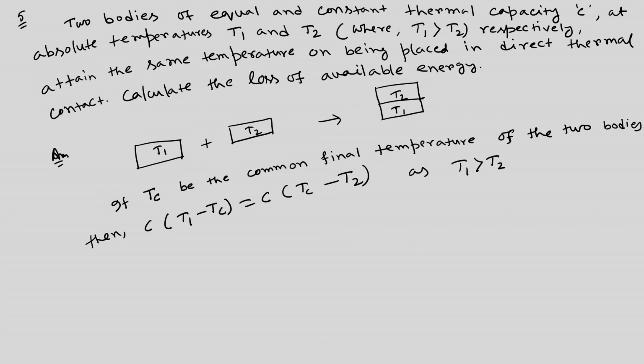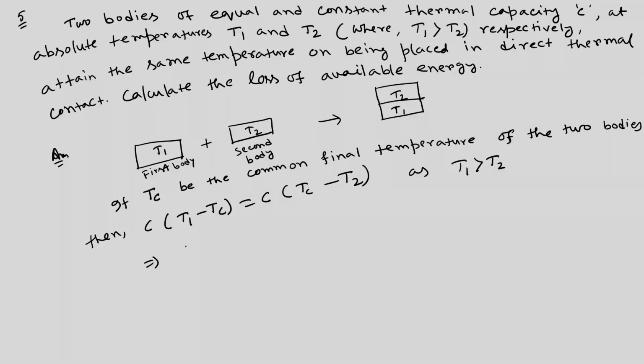This is the first body, and this is the second body. Since the temperature of the first body is higher than the second body, the first body will lose heat and the second body will gain heat. So, we get Tc is half times (T1 plus T2).